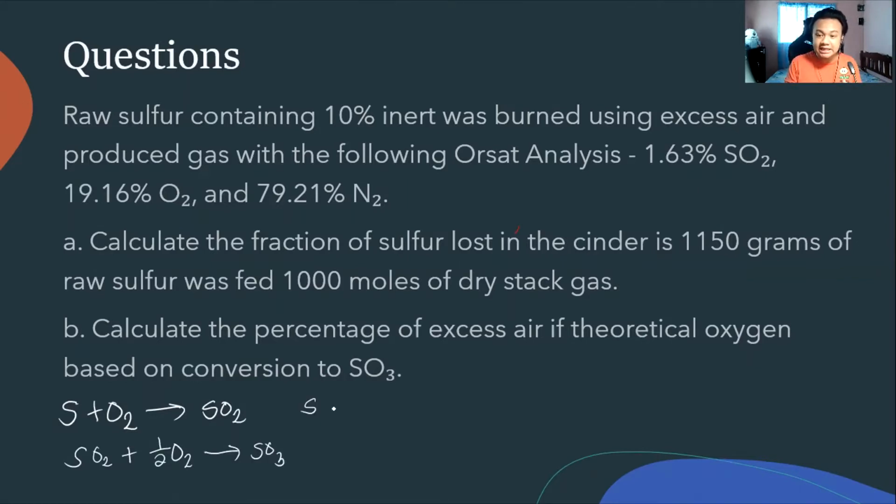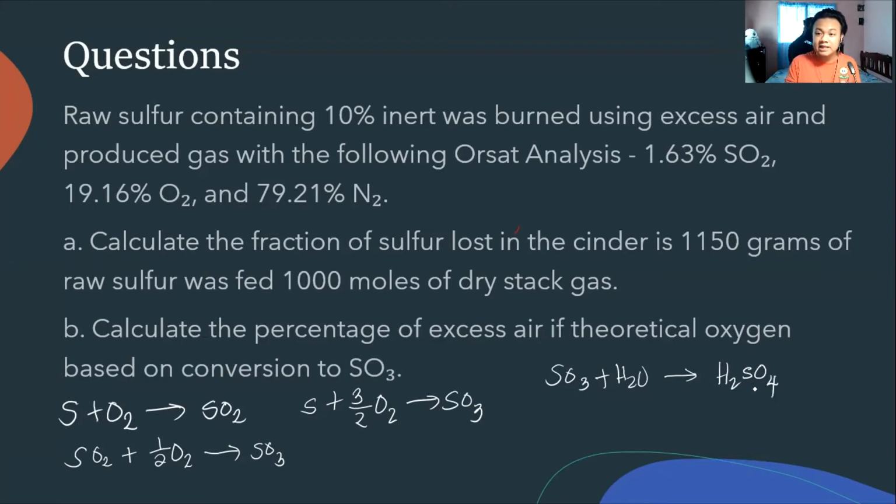Theoretical oxygen needed for the S to be burnt to SO3 is 1.5, or 3/2 of O2. And then you will have SO3. So this is what I meant earlier, that SO3 will be dissolved in water to produce sulfuric acid.